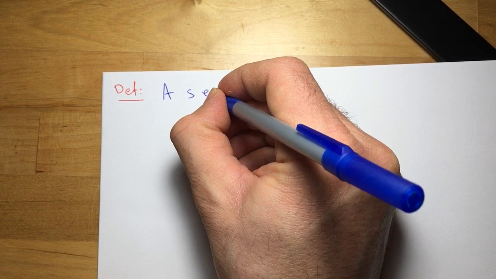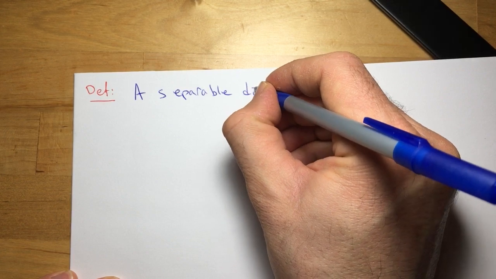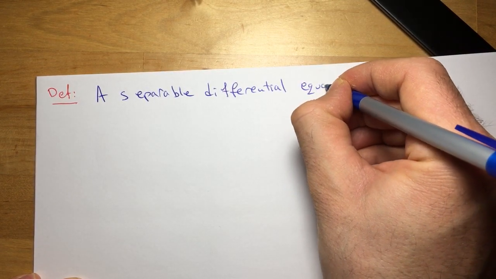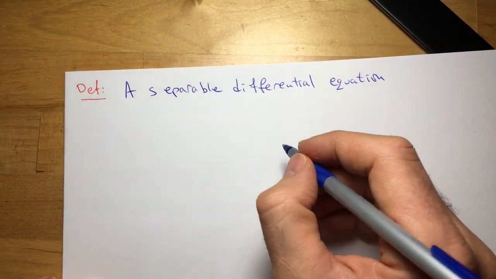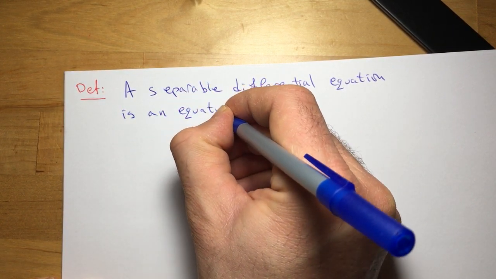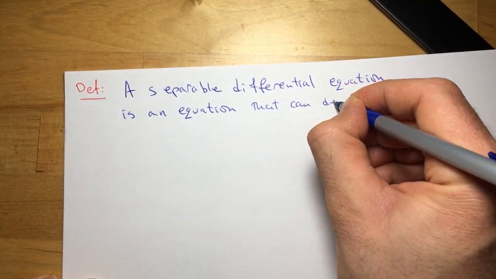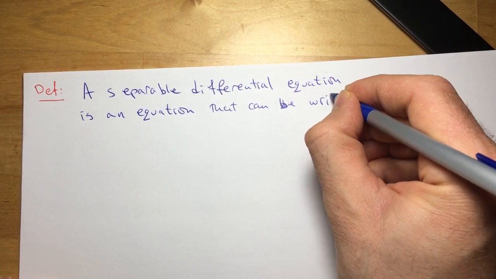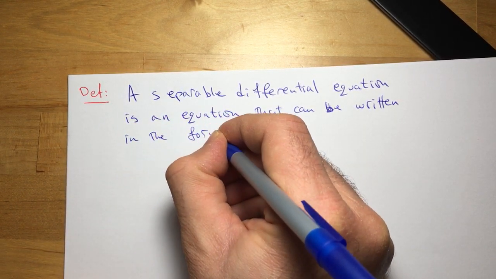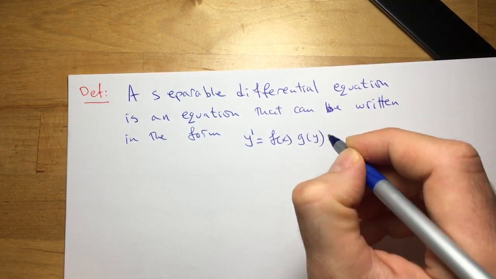A separable differential equation is an equation that can be written in the form y prime is equal to f of x times g of y.